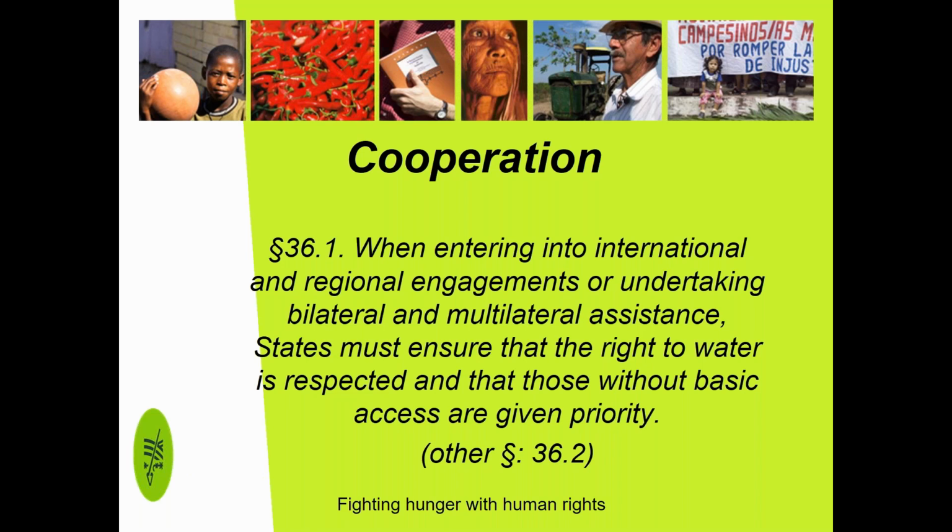Because as you know, some of our governments enter into this kind of bilateral agreement, and somehow you have pressure from powerful or industrialized countries, who put pressure on some governments to enter into these agreements. But at the end of the day, those agreements create policies at the national level that open up the water market to private companies.